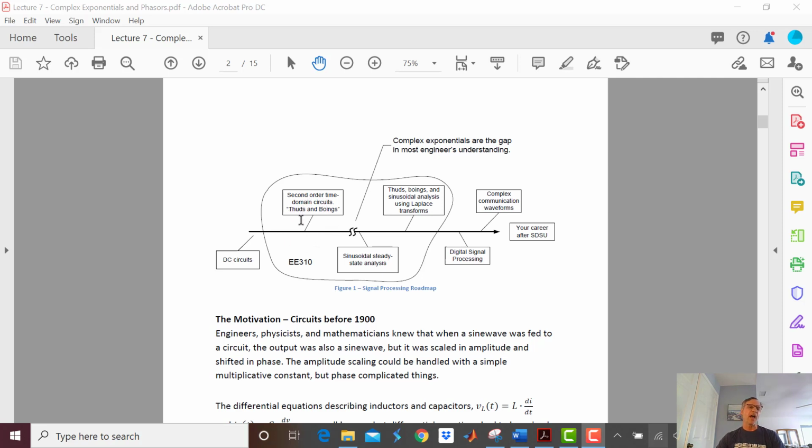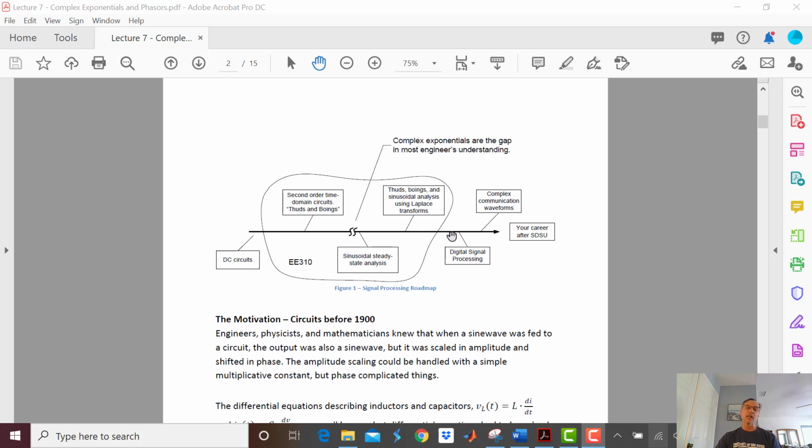And to me, the real value is that you learn how to look at circuits and just figure out intuitively what they do and then apply the math to them. But when we get up into Laplace transforms, we're going to generalize everything so that you can do both sinusoidal and transient analysis. And you see, this is the boundary of EE310.